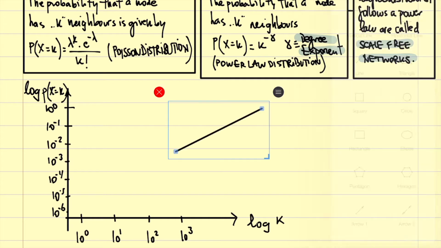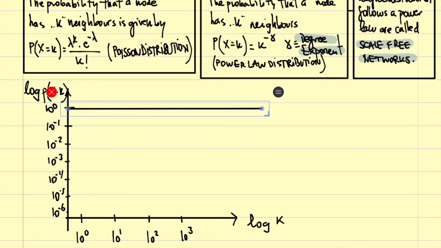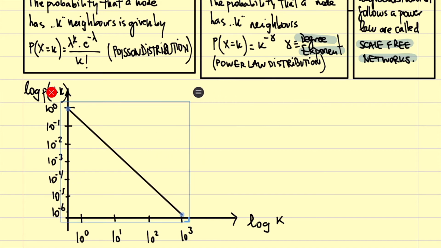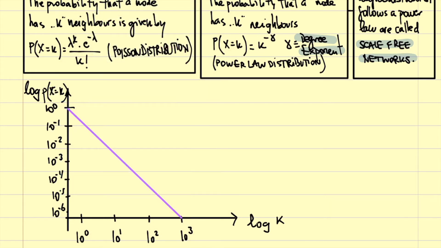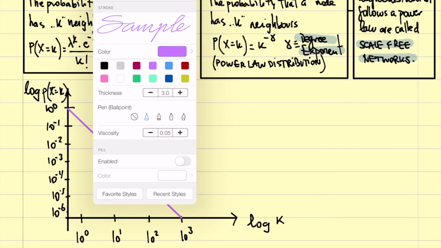So it turns out that the Poisson random network has this distribution. Let me put it with color.